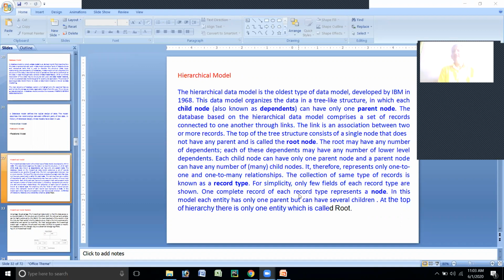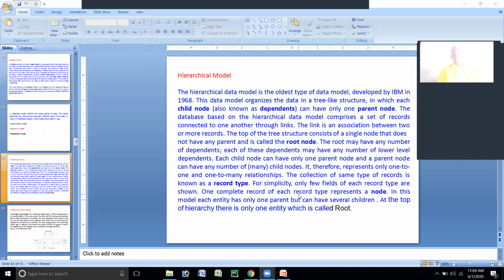Second point: this model was developed by IBM, that is International Business Machines, in the year 1968.